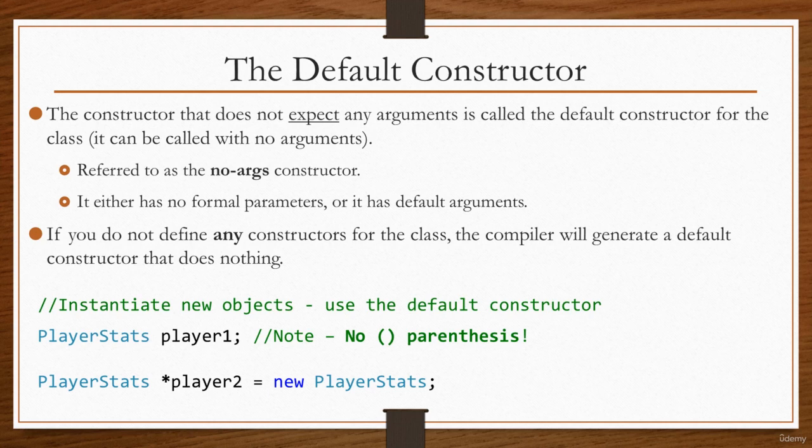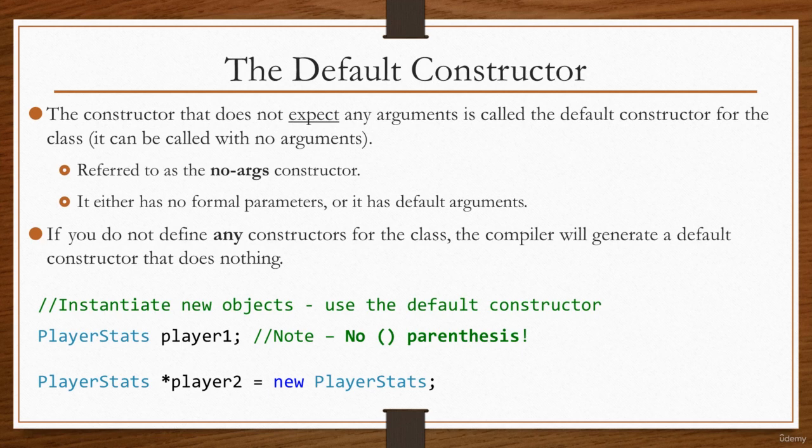So when is this default constructor invoked? Well, when a new object is created on the stack or on the heap. So in the first statement, I create an object called player1, which is an instance of the class playerStats. Now notice here that I'm not using parentheses, not even empty parentheses. I'm just specifying the name that I want for the object, and then what that object is an instance of, so in this case playerStats.